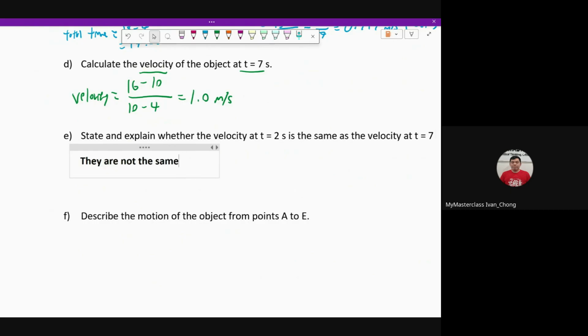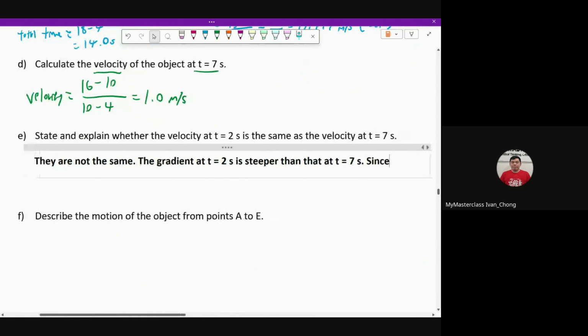Okay, how do we know this one? The gradient at t equals to 2 seconds is steeper than that at t equals to 7 seconds. So what's the purpose? You need to state the relationship.